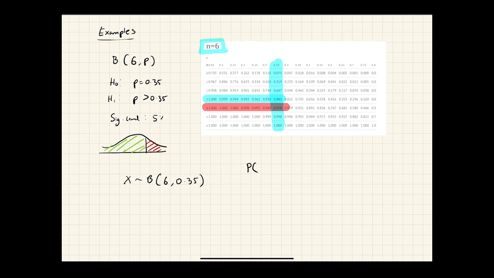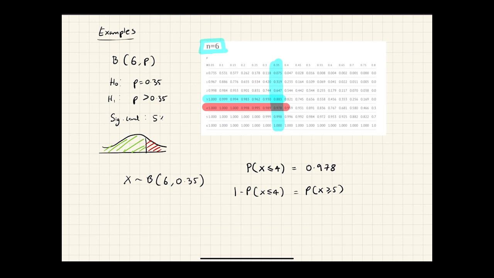So this gives us the probability that x is less than or equal to 4, which is equal to 0.978. So if I do 1 minus the probability of x less than or equal to 4, that gives me the probability that x is more than or equal to 5.